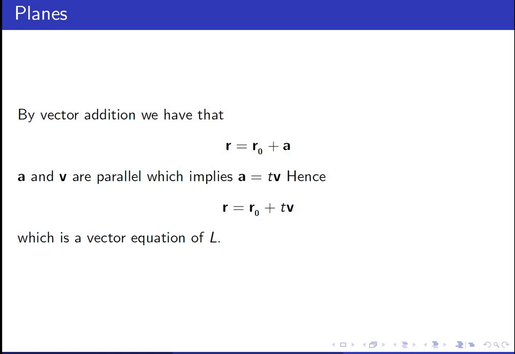So in other words, you can say that a is equal to tv because the two vectors a and v are parallel. Hence, r is equal to r0 plus tv, because a is tv, we just replace a with tv, which is a vector equation of a line. So a vector equation of a line is given as this equation here.